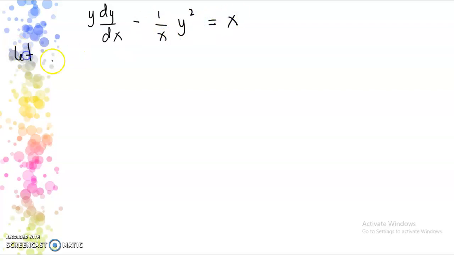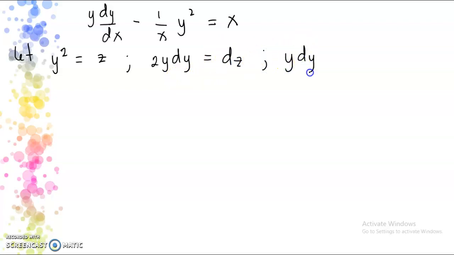Let y squared be equal to z, and you have 2y dy equal to dz, or y dy is equal to dz over 2.